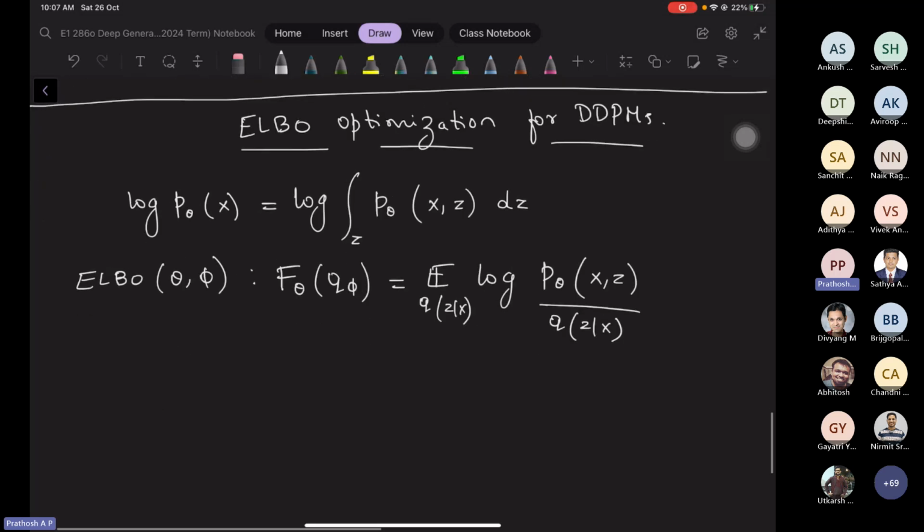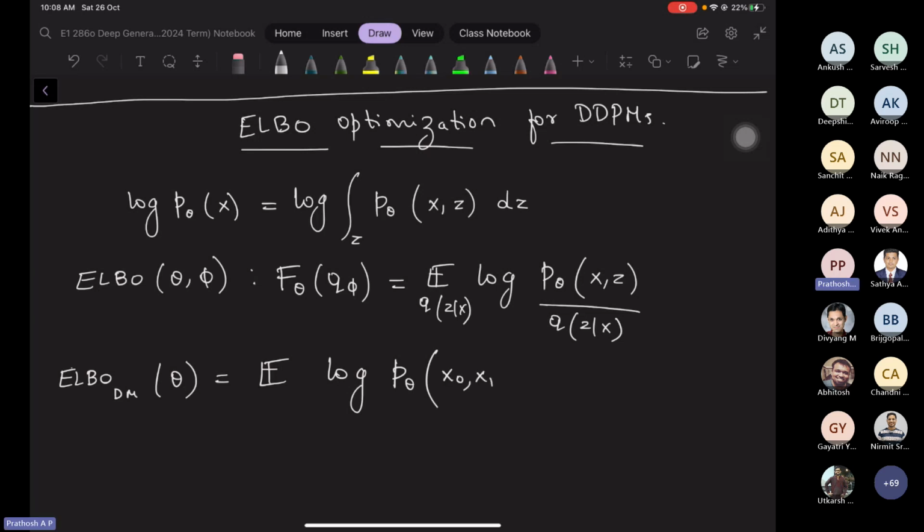We just have to write this down for a DDPM. So this is the ELBO for DDPM or diffusion models. It is only a function of theta, because there's no dependence on phi, and is equal to the expectation of log of p theta of x naught, x1 up to xT.